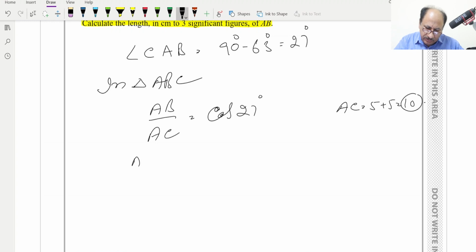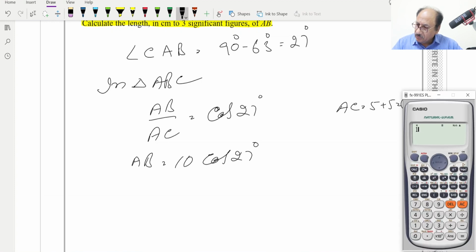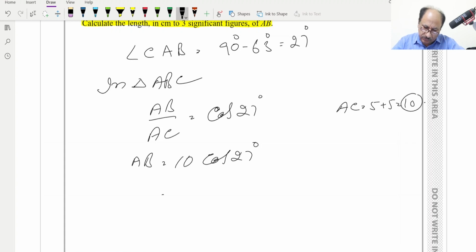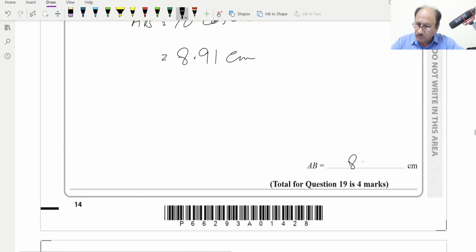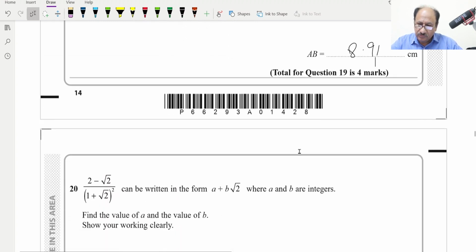So AB is equal to 10 cos 27 degrees, which will be equal to 8.91. We have to provide up to three significant figures. So 8.91 centimeters will be our answer. This is our answer which we are done with.